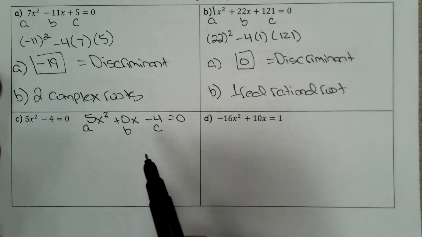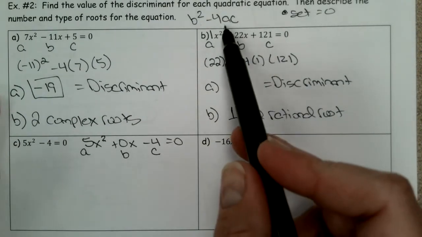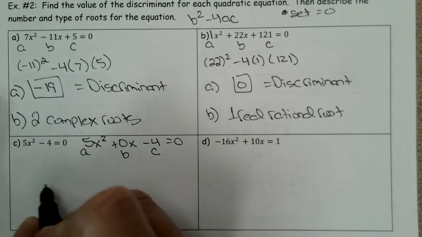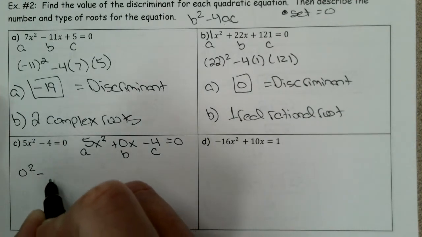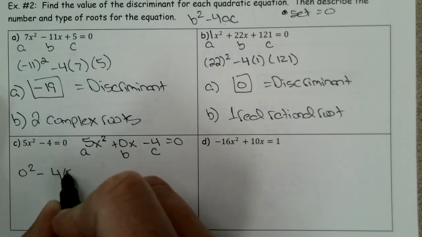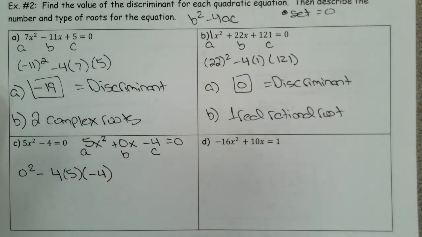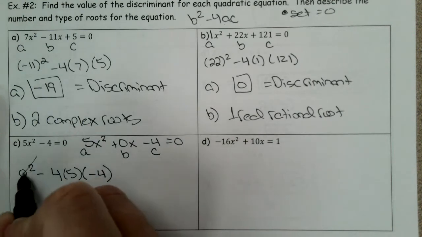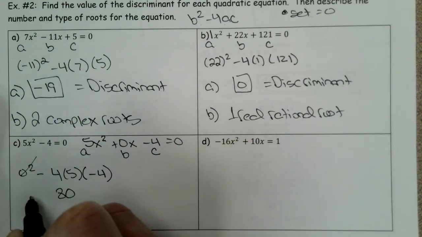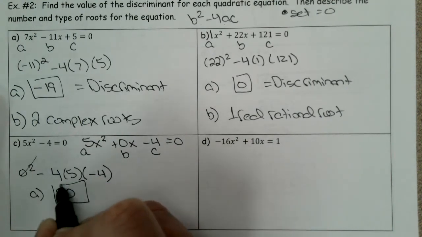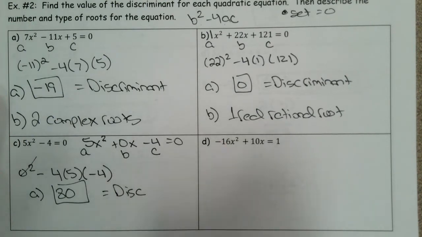When I plug them into this discriminant formula, 0 squared minus 4 times 5 times negative 4, I plug that into my calculator, and I got 80.